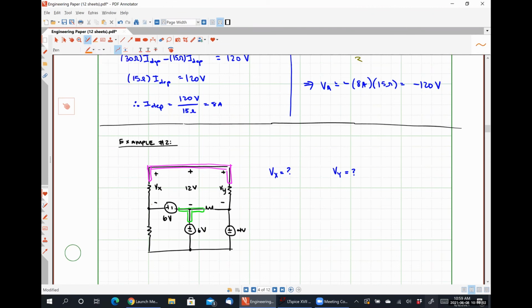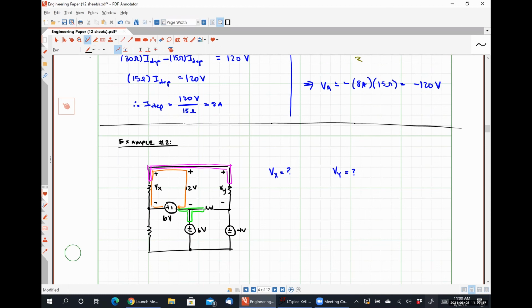Okay. So I'm going to start right here. Go over here and then come down across this gap and then come back this way. So I start and I end at the same point, okay?